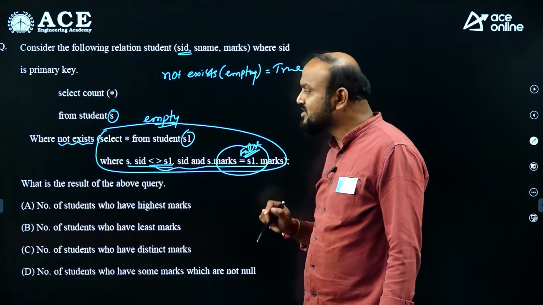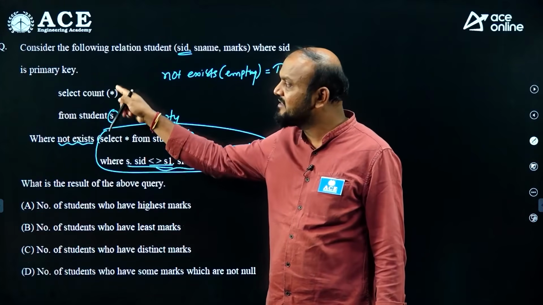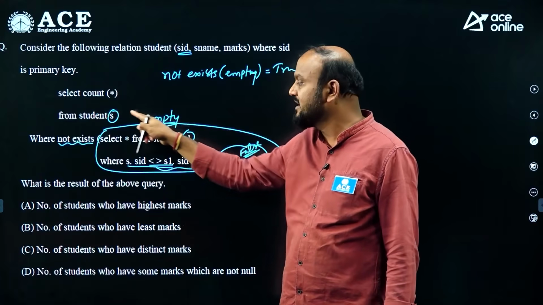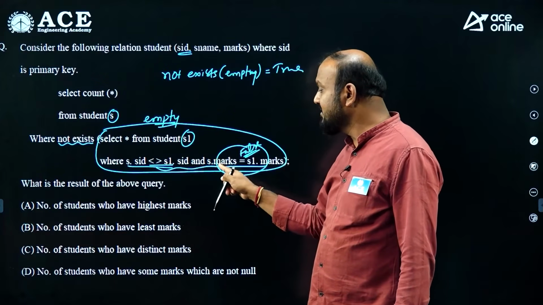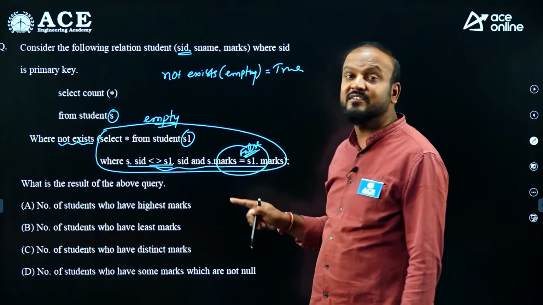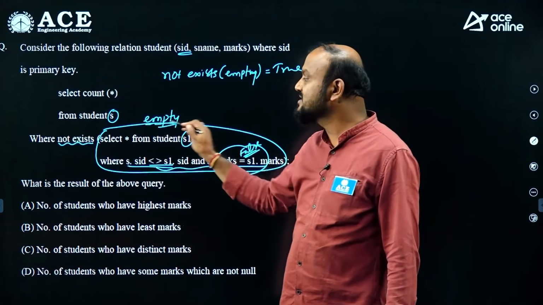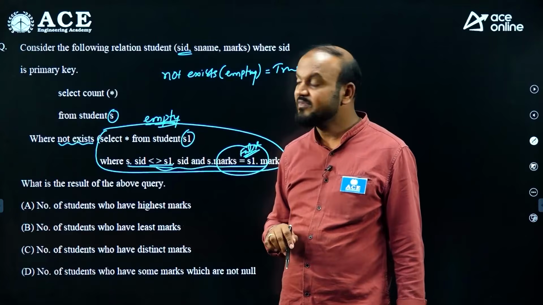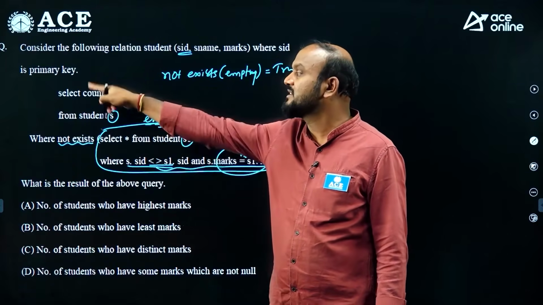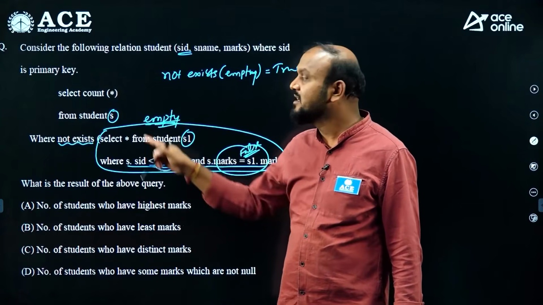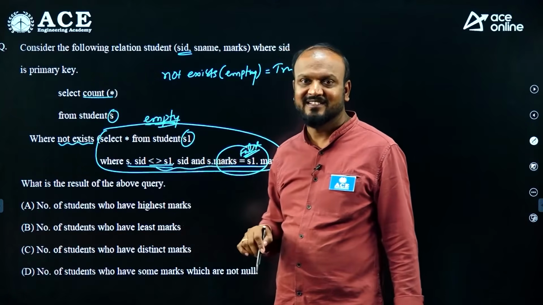In order for this condition to be false, what is the point here? The student in the outer query is compared with some other student in the inner query, and those two students have different marks, so the inner query is going to return an empty set. If the inner query returns an empty set, not exists of empty is true, so that student will be in the output of count.